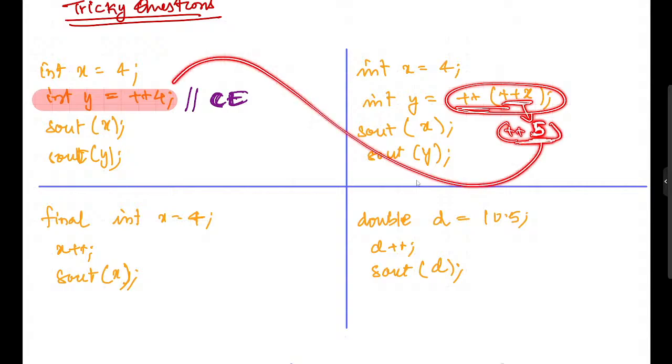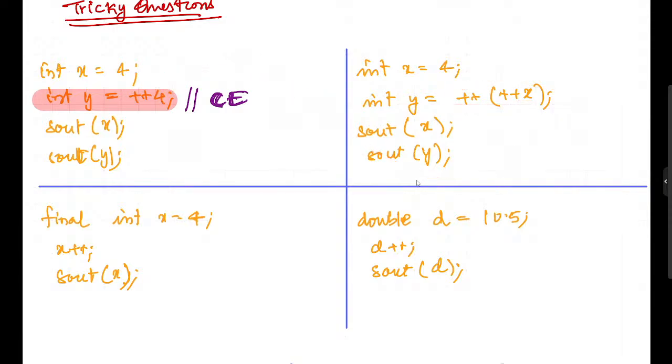This is the same situation as this, so this is also not correct. You should not do something like this, and this is also not correct. You will get an error during runtime. This is a runtime error, right?